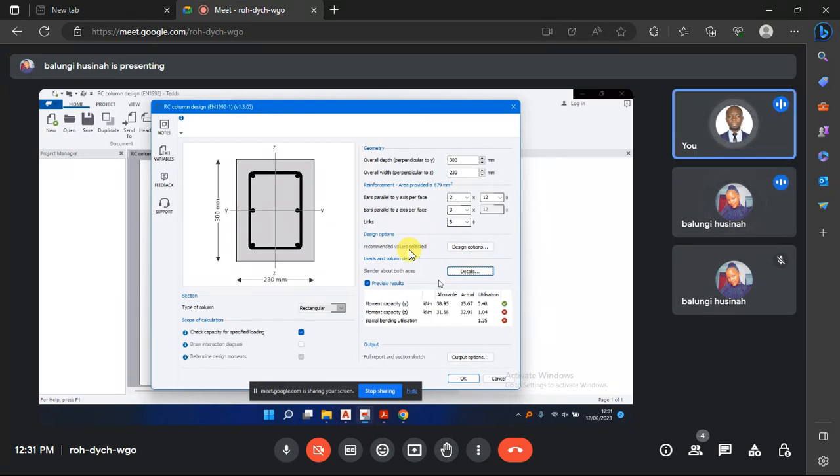Yeah. So you see that they are showing us that the moment capacity is not sufficient. It is missing something small. Actual is at 2.95. Allowable is at 1.56. So by actual bending utilization, it is also not okay. So, you see, what can we do now?